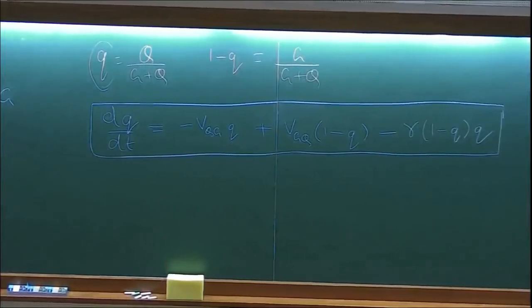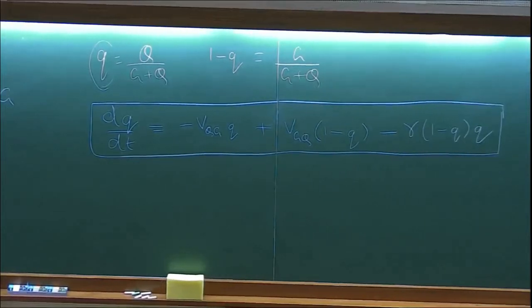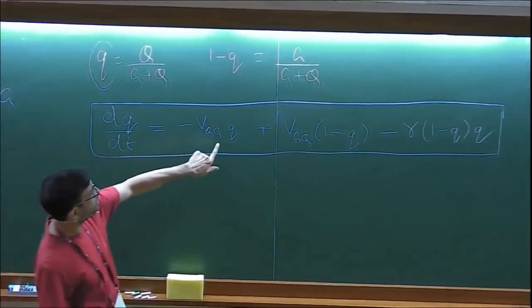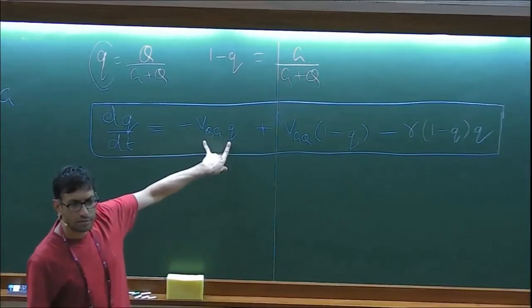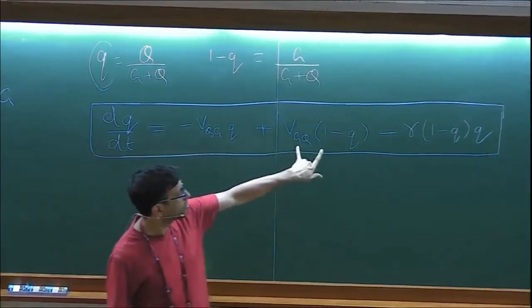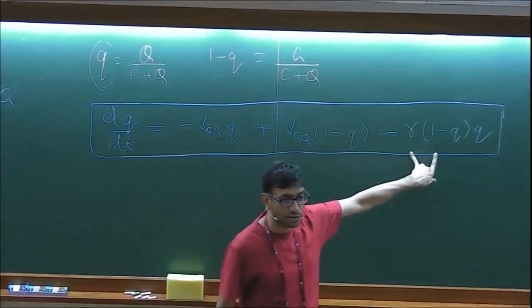I've not done anything very profound here. I'm just saying the total number of cells is constant, so let's just talk about the fraction instead. And using all this, I've just got that. And they correspond exactly to the same things. This is switching from Q to G, this is switching from G to Q, and this is dilution.